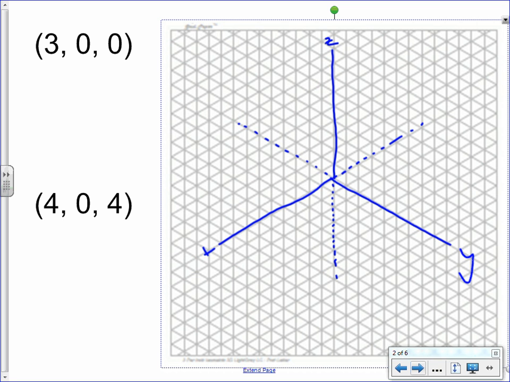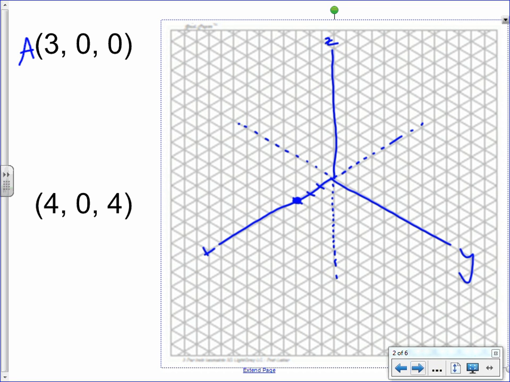So (3, 0, 0). Where do I actually get to move 3? Along the x-axis. See, they even have these little grid marks for you. 1, 2, 3. There is (3, 0, 0).